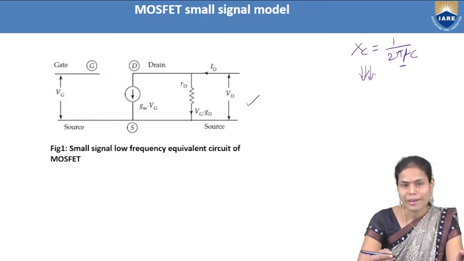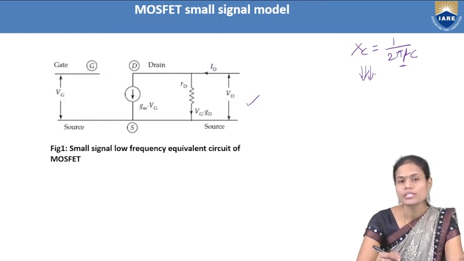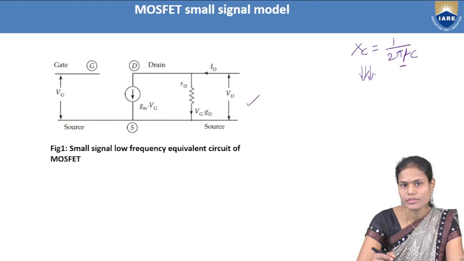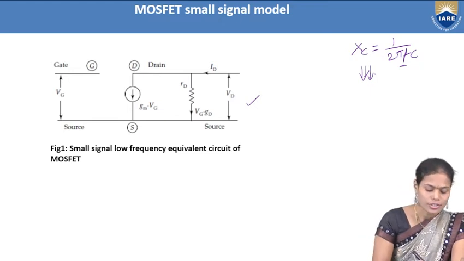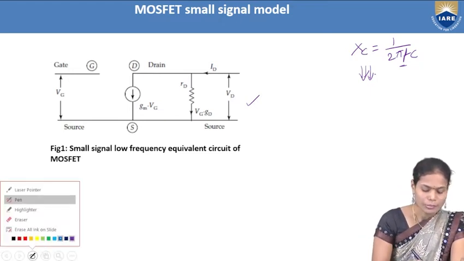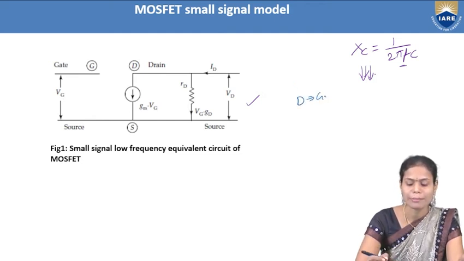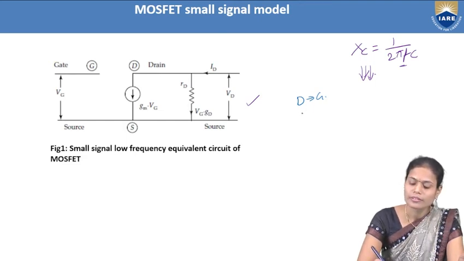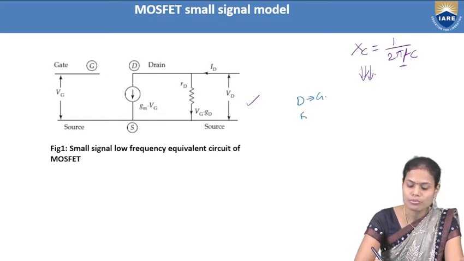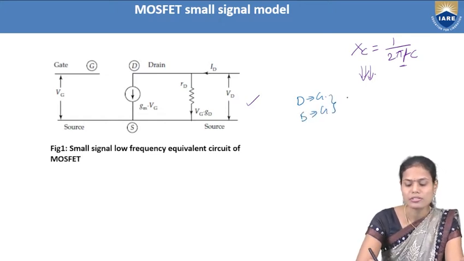So which type of capacitors do we need to consider to see the high frequency response of the MOSFET? Here generally we will have one capacitor between drain and gate, and between source and gate, one more capacitance will be present in the circuit.